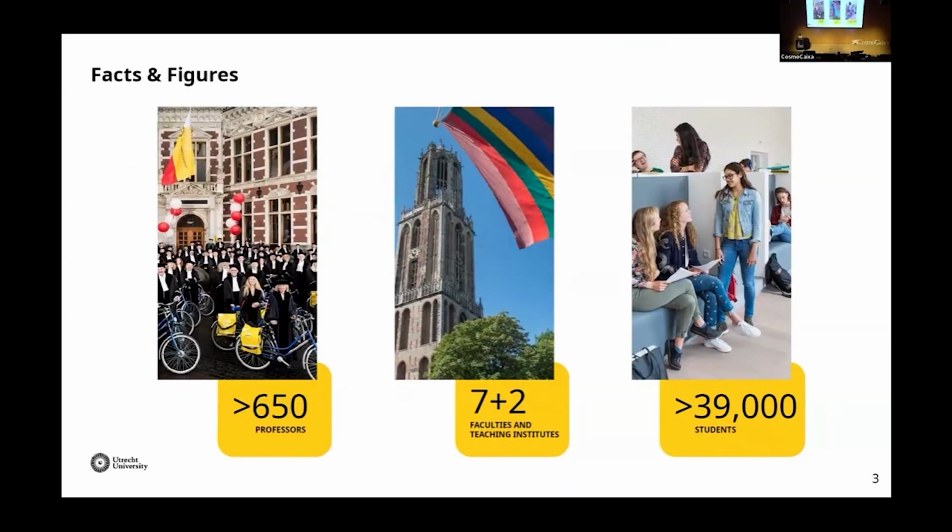first I will go through some facts and figures about the university. Founded in 1636, Utrecht University is one of the oldest universities in the Netherlands, with over 650 professors, 9 faculties and teaching institutions, and with over 39,000 students with 119 different nationalities. We're also one of the largest.